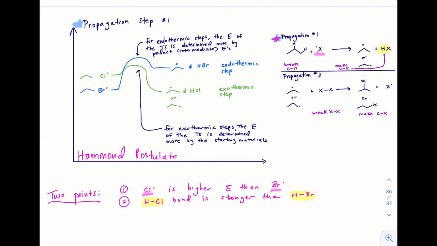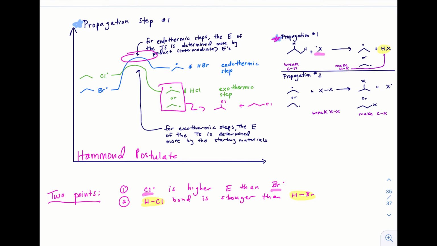So because of that, for chlorination, the green curve, this is an exothermic step. Radical stability doesn't really affect the transition state very much. And because of that, both radicals are formed, both products are formed, and the reaction isn't very selective. Because bromination is an endothermic step, the transition state looks like the radical, and so radical stability does affect it.